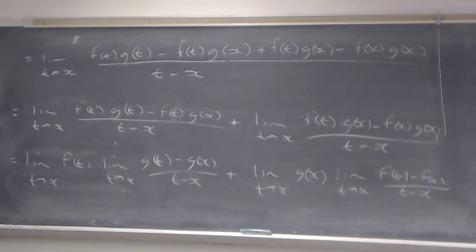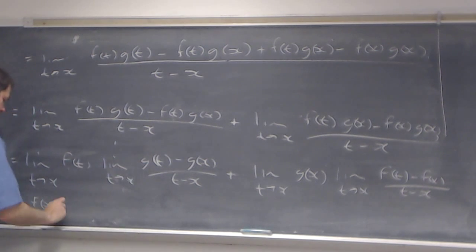Now, because of continuity, and f being defined on the closed interval a to b and x being in there, x is a limit point of that closed interval. Because f is differentiable, f is continuous at x, and so the limit as t goes to x of f of t is nothing more than f of x.